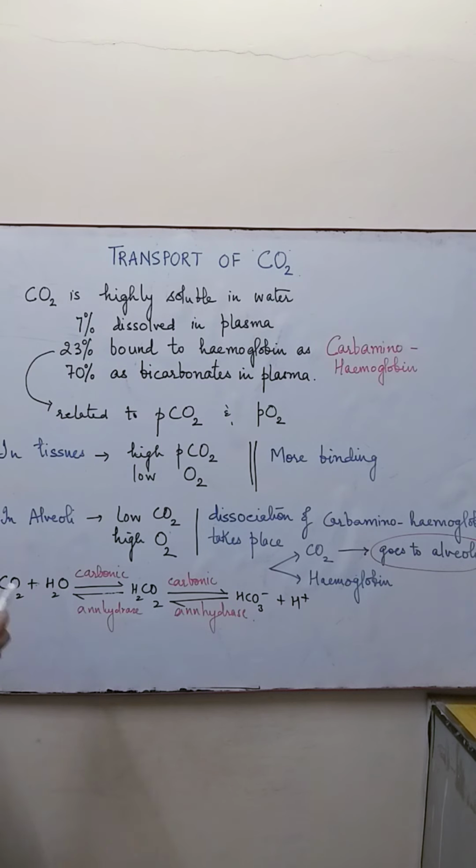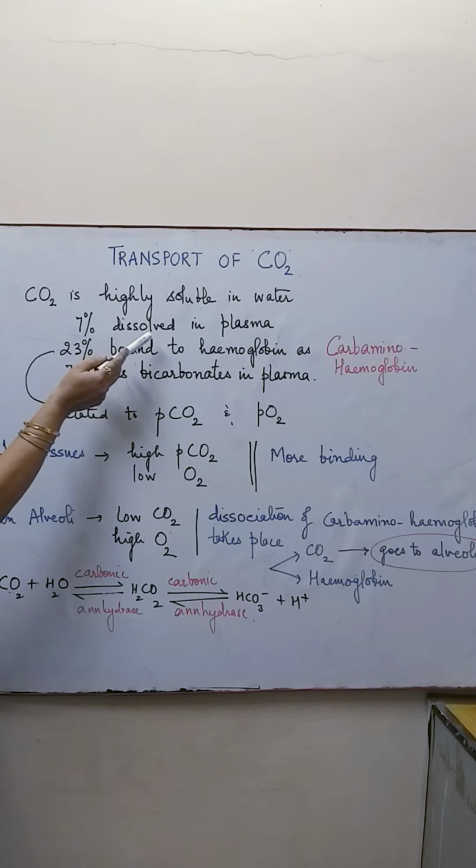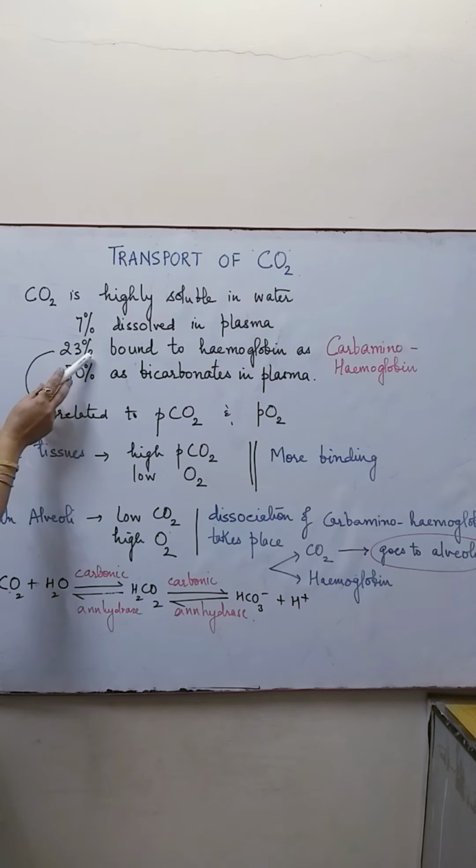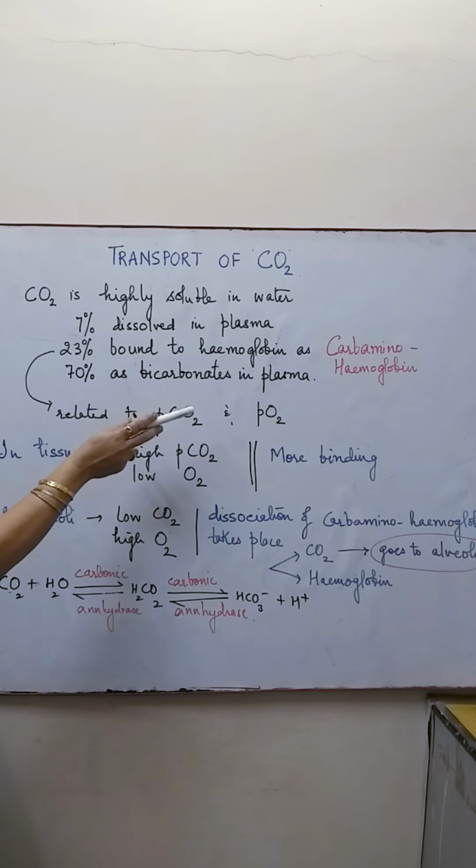When we see the distribution of carbon dioxide, around 7% of it is dissolved in the plasma. 23% of carbon dioxide binds to hemoglobin as carb-amino hemoglobin, and 70% of it is present in plasma in the form of bicarbonates.